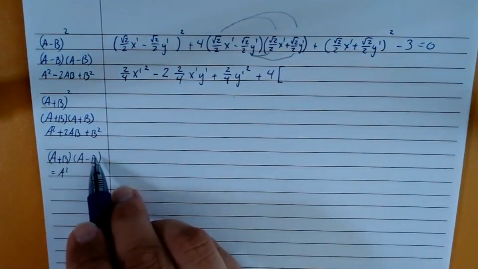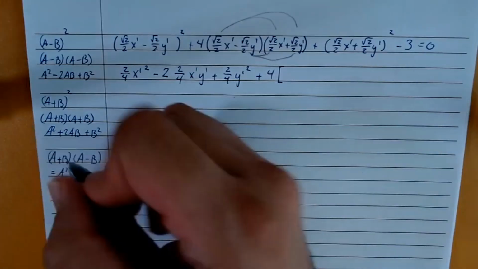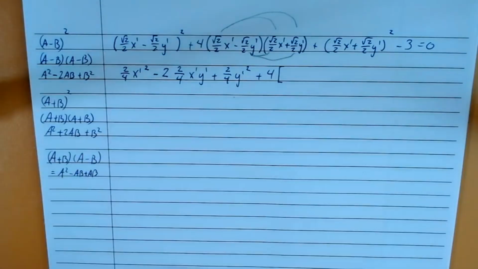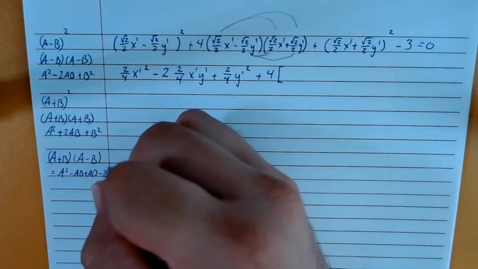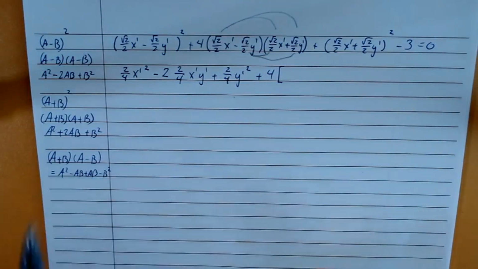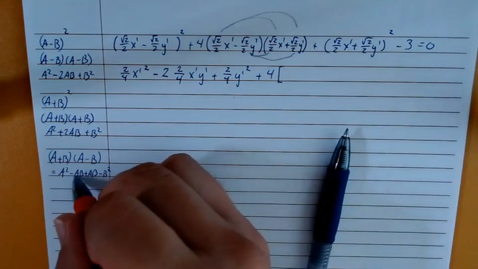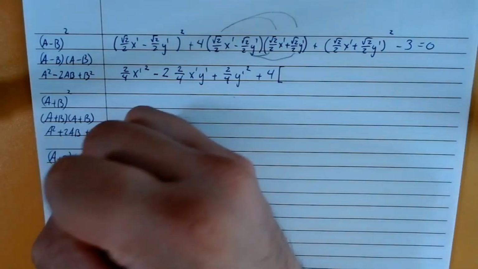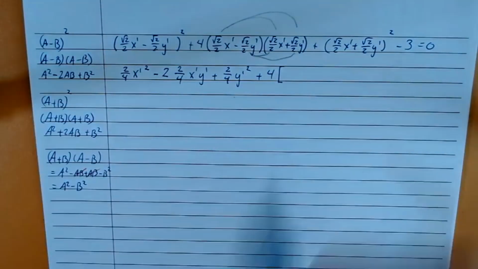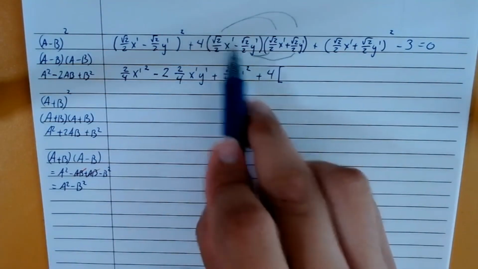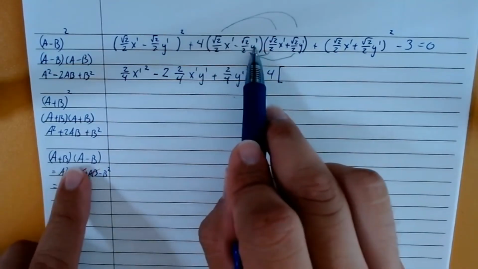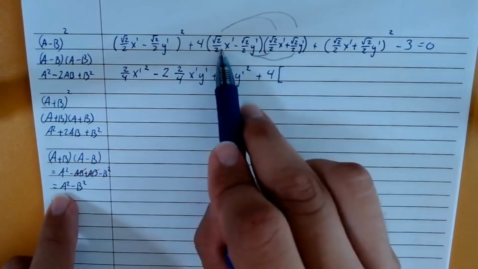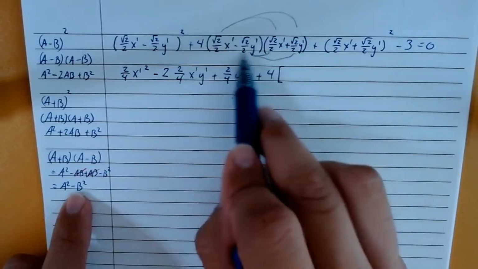That's going to be negative ab, but then that's going to be positive ab. And then negative b times b is negative b squared. But notice these two cancel out. ab minus ab, those give you 0. So when you multiply conjugates, you end up with a squared minus b squared. So right here, that's your a and that's your b, right? That's a minus b, and that's a plus b. Well, in the end, you're going to get the a squared minus the b squared.